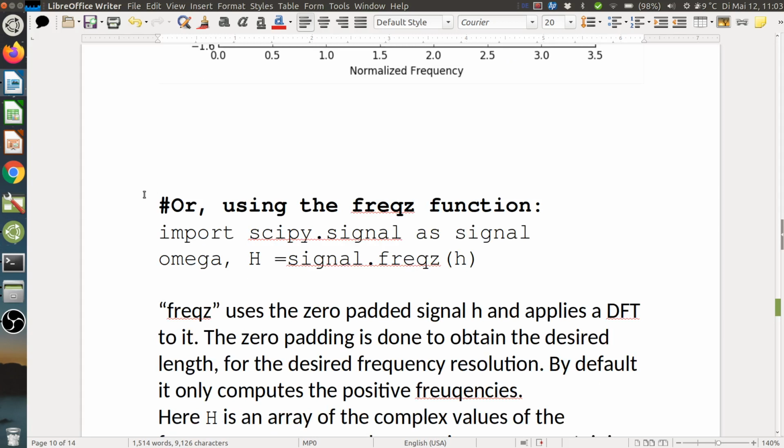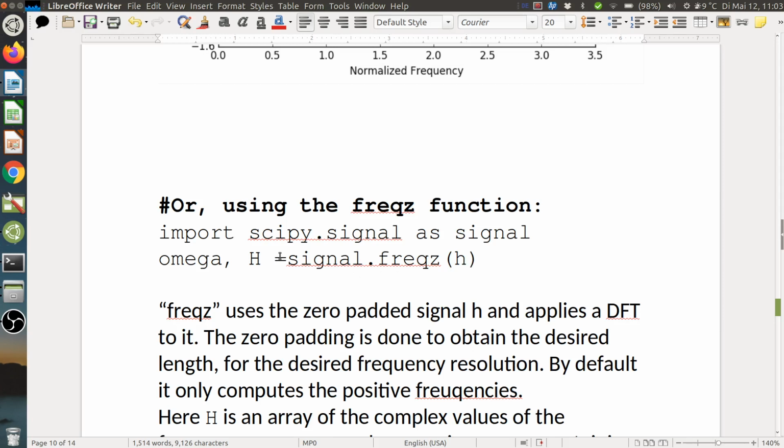Yeah, and instead of using the z-transform, we can now also use the function freqz, which is a built-in function from our signal library, SciPy signal. So that has the function freqz. And freqz is actually doing the same thing that we just did, just faster and more efficient.